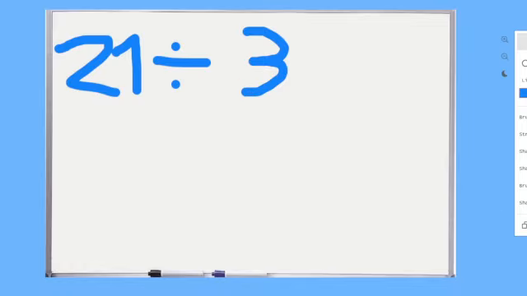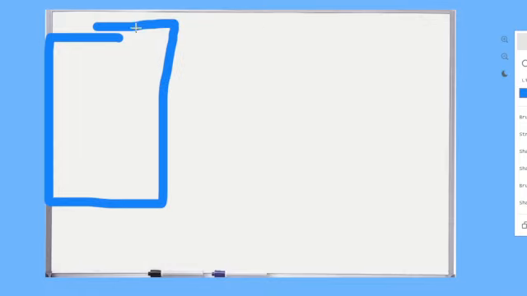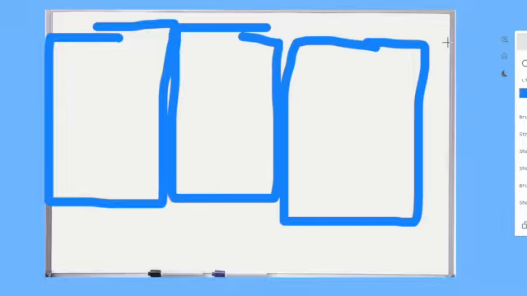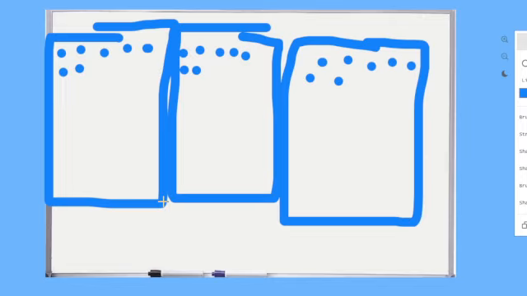This is very important, so we're going to get 3 groups over here for 21 divided by 3, okay? 1, 2, 3, 4, 5, 6, 7, 8, 9, 10, 11, 12, 13, 14, 15, 16, 17, 18, 19, 20, 21, okay?